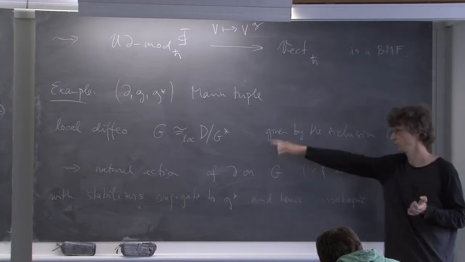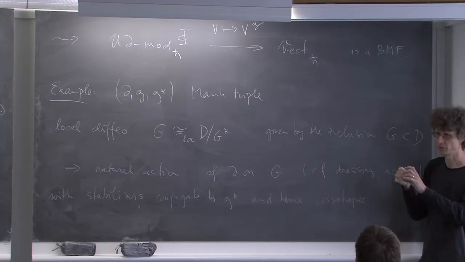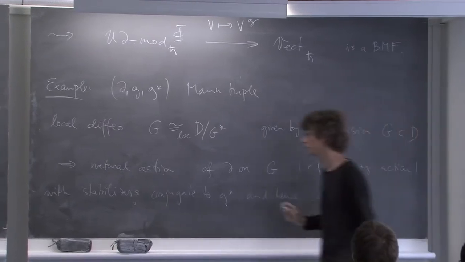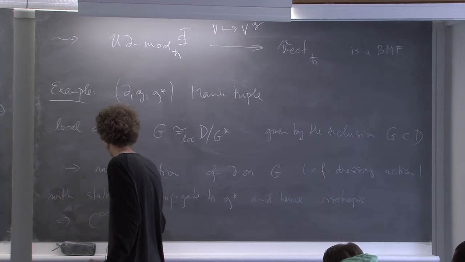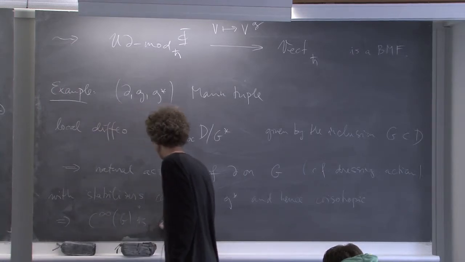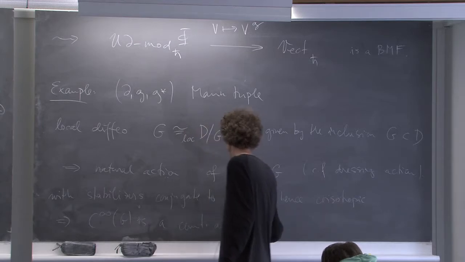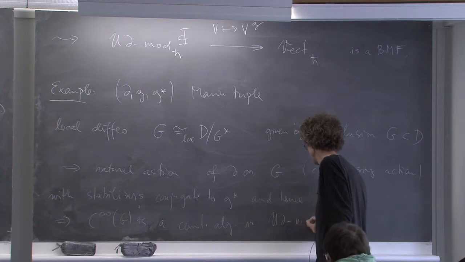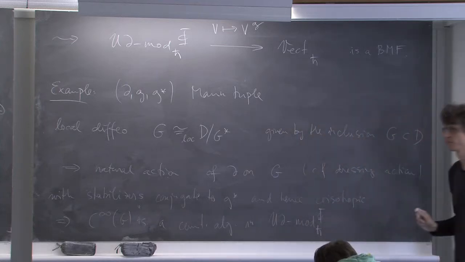It depends on how things are arranged. But what is important is that the stabilizers are just conjugate to G*, therefore they are coisotropic. So that implies C^∞(G) is a commutative algebra in Drinfeld's category, U(D)-mod with ħ and Φ.